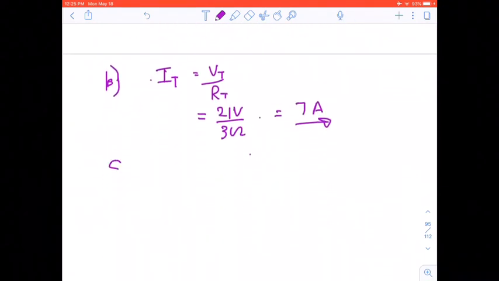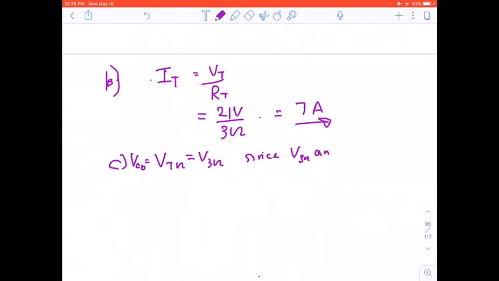The voltage across the 7 ohms is actually the voltage across CD, which is the same as the voltage across the 3 ohms, since V 3 ohm and V 7 ohm are in parallel.